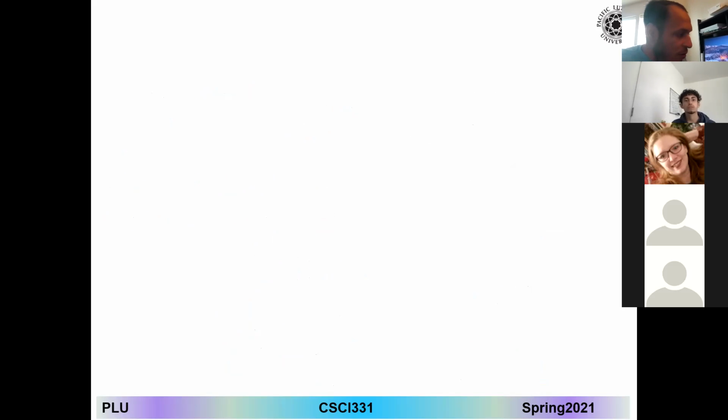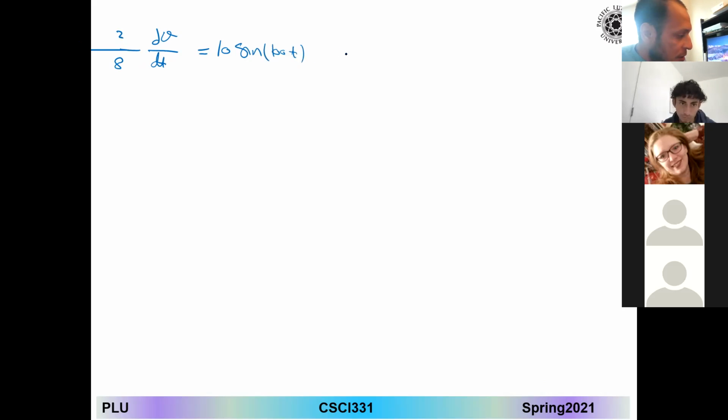So again, to write down the final formula here, and I hope I did it the right way, we end up with 2 divided by 8 dV by dt equals 1 times sine 100t minus 9 divided by 8 V of t.